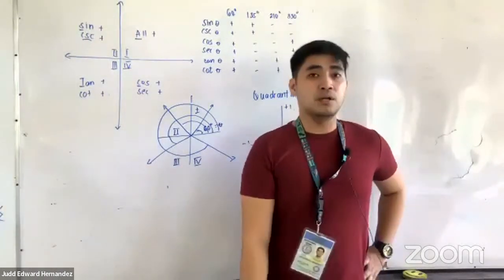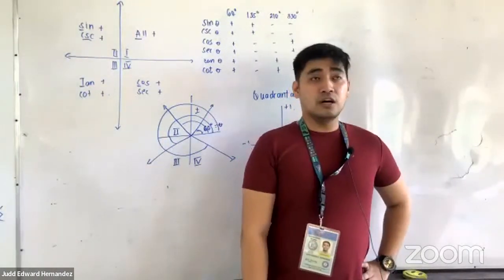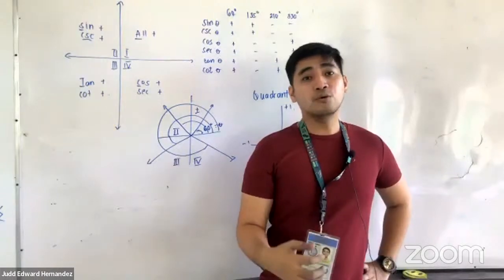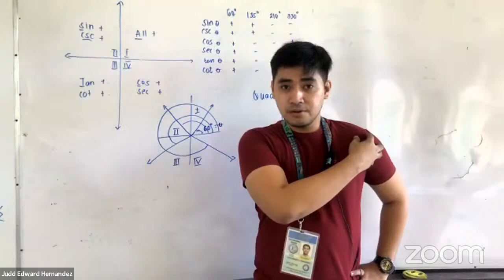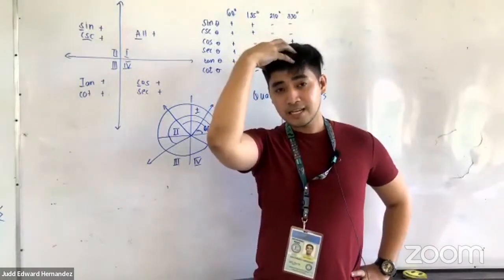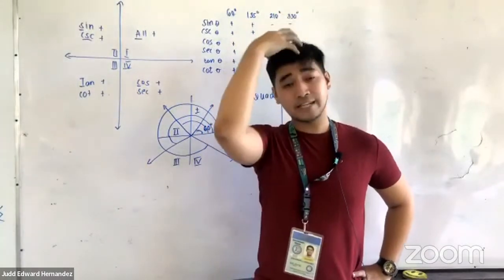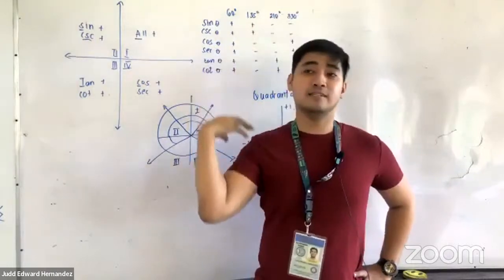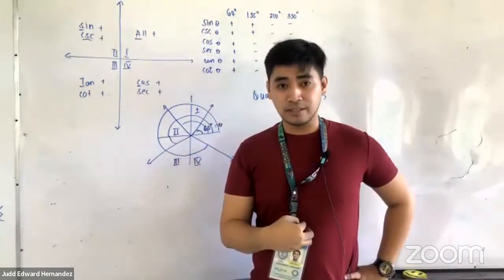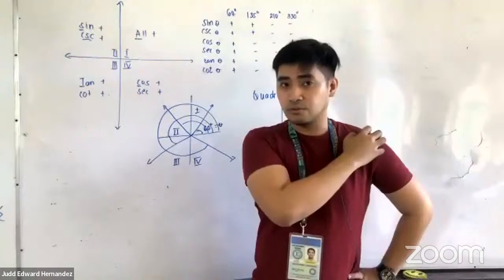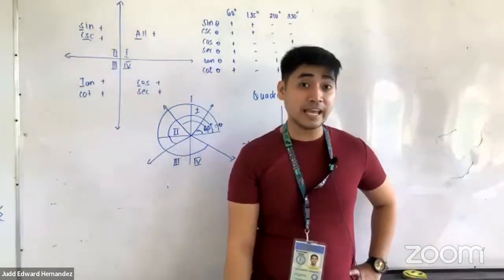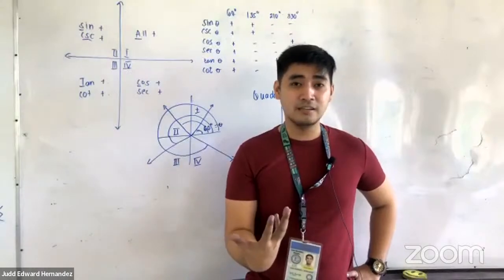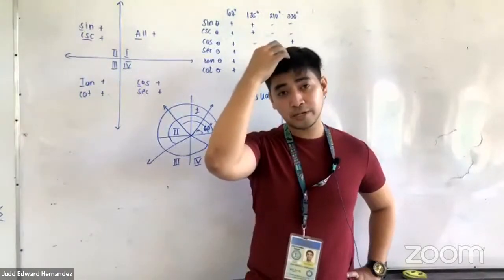Okay, for example, what is the value of cosine 90? Dito tayo magsimula. This is 0. This is 360. 0, this is 90. This is 180. This is 270. 360, 0. And all the multiples of 90. Anong tinanong ko sa inyo? Cosine 90. Ito po yung 90.